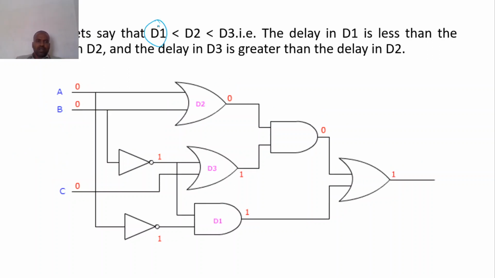D1 is less than D2 is less than D3. So D1 has lesser delay compared to D2, and D2 has lesser delay compared to D3. So whatever you change here, first D1 will react, second D2 will react, third D3 will react. Okay, we'll see one by one.